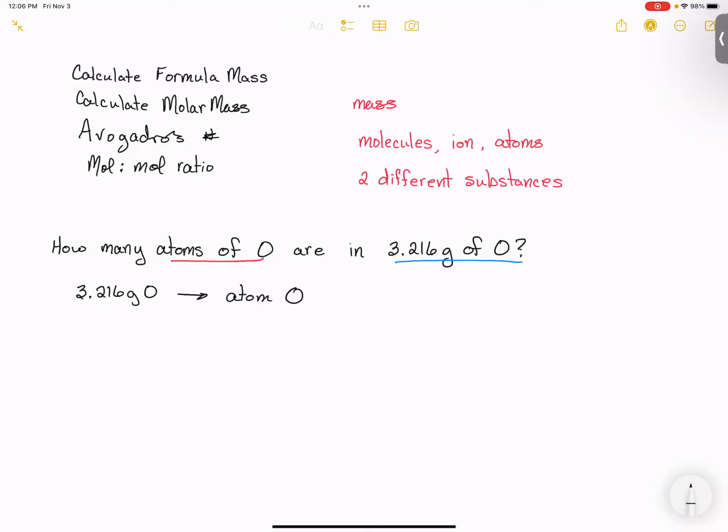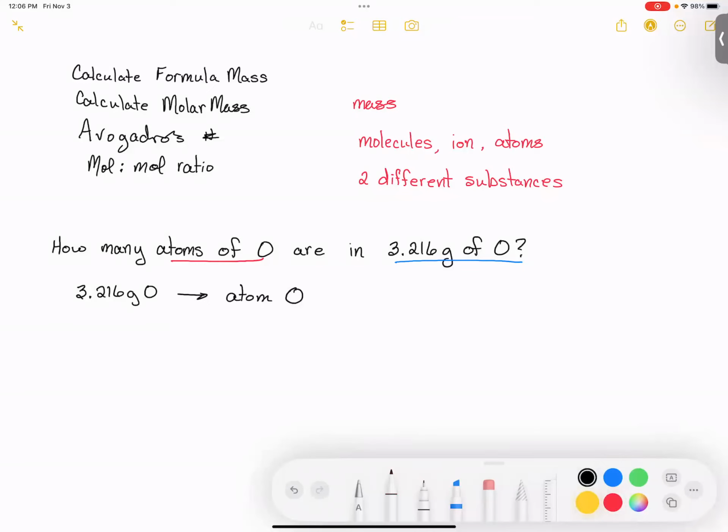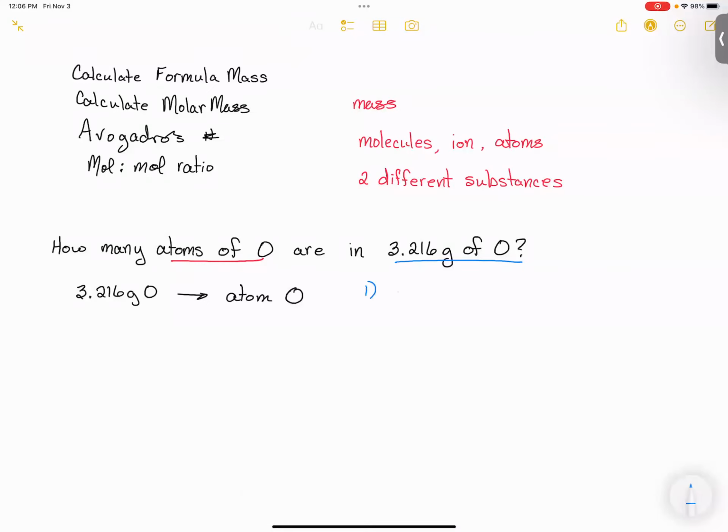And now we ask, so that was the process. Then we were going through and trying to determine conversion factors. The first one was, is it the same substance? In this particular case, it is the same substance.